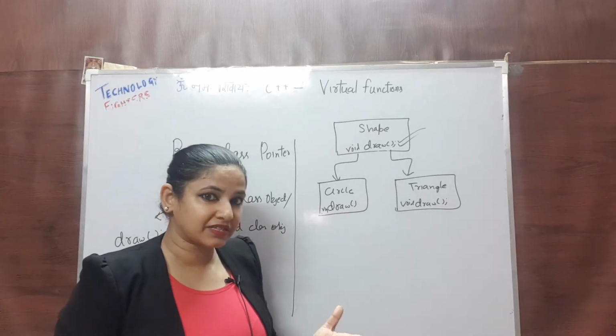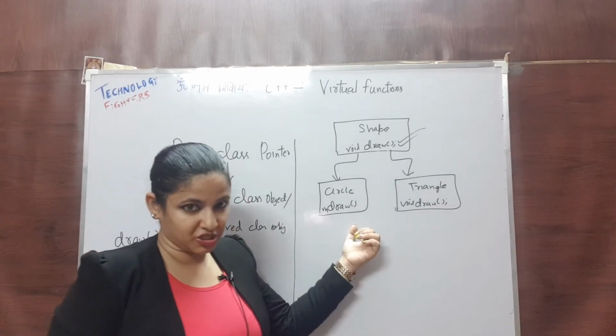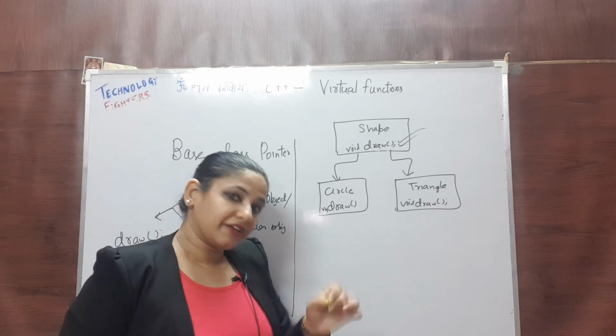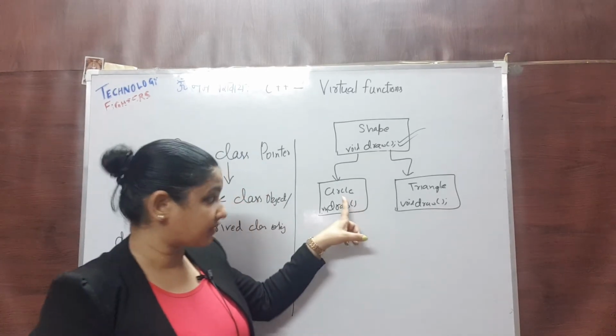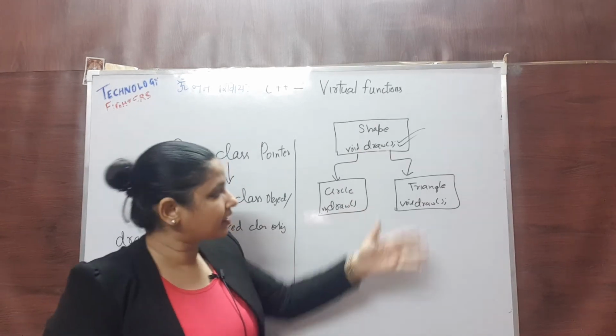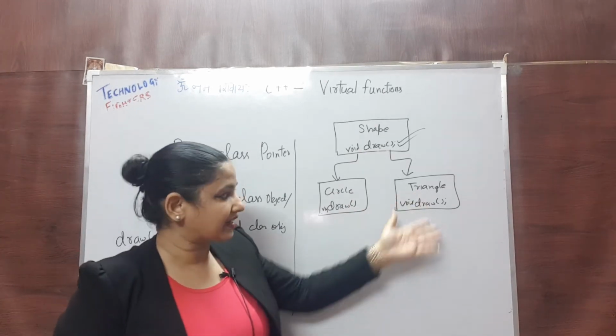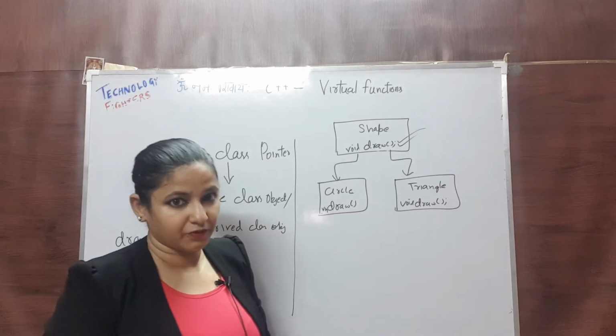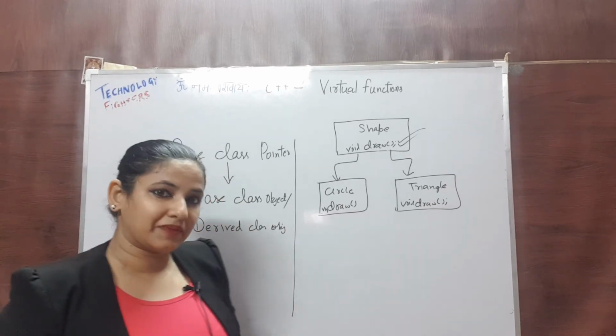Which function has to be executed? The derived class function. If my derived class object is of the Circle class, then the Circle function should be executed, and if it is Triangle, then the Triangle function should be executed. Fine. So how can we implement this?